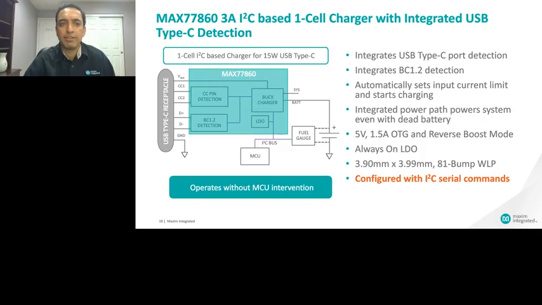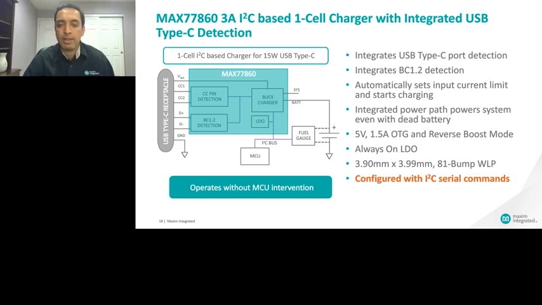So with the Max 77860, this is an I2C based charger, which integrates USB Type-C and offers a lot of flexibility in addition to the integration of the USB detection. It also has an always-on LDO, and this will be used primarily where you need a little more flexibility from your system.